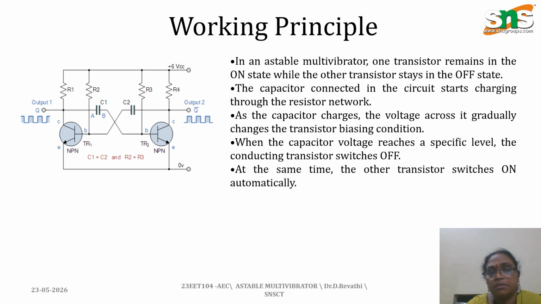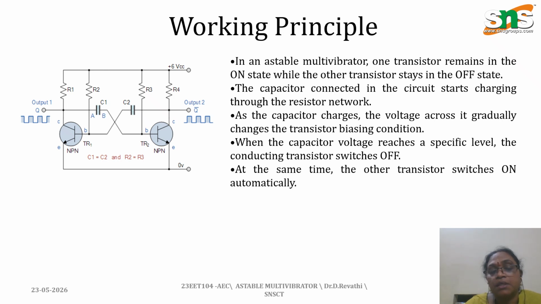For the working, we consider the same diagram. Let's assume we give the supply to this circuit. Both transistors try to turn on, but based on the minimum difference between the base values, any one of the transistors will turn on and the other will turn off.